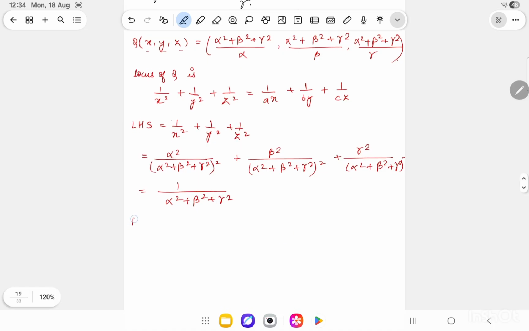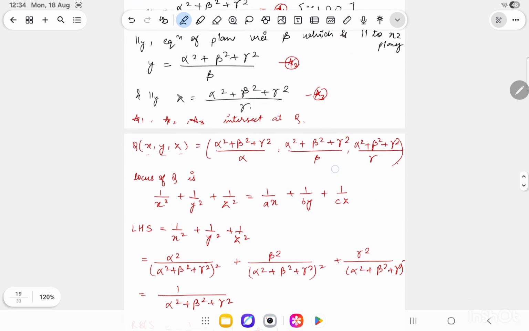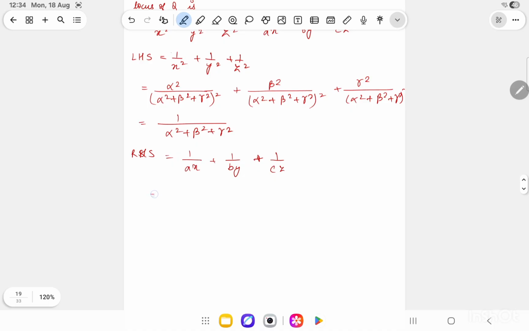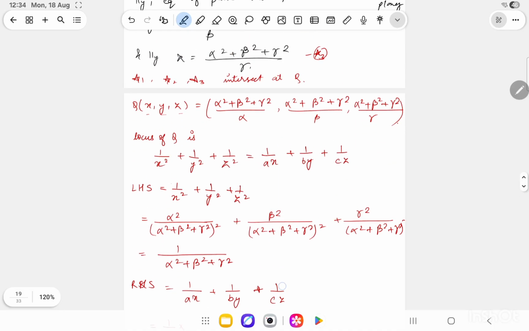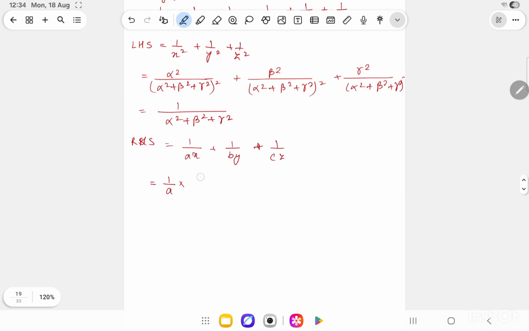Now let us calculate the right hand side as well, which equals 1 by ax plus 1 by by plus 1 by cz. Let's put in the values of x, y, z. 1 by a into alpha upon alpha square plus beta square plus gamma square, plus 1 by b into beta upon alpha square plus beta square plus gamma square, plus 1 by c into gamma upon alpha square plus beta square plus gamma square.